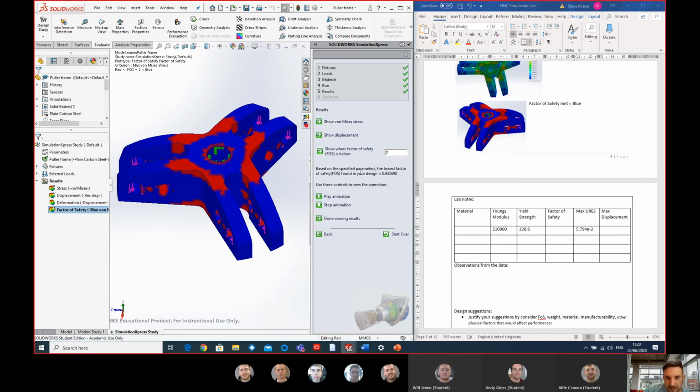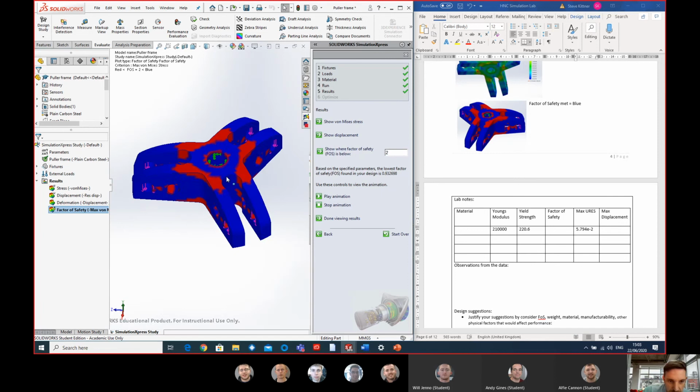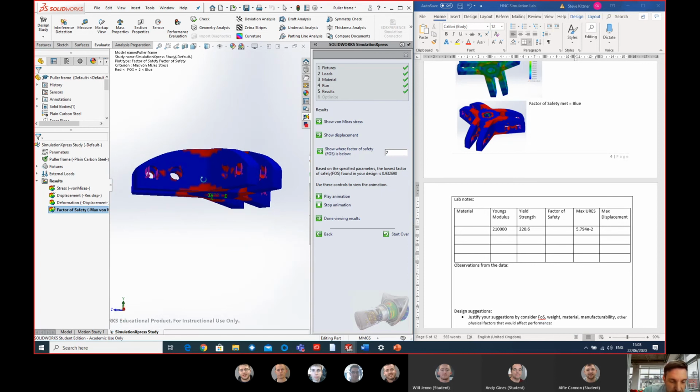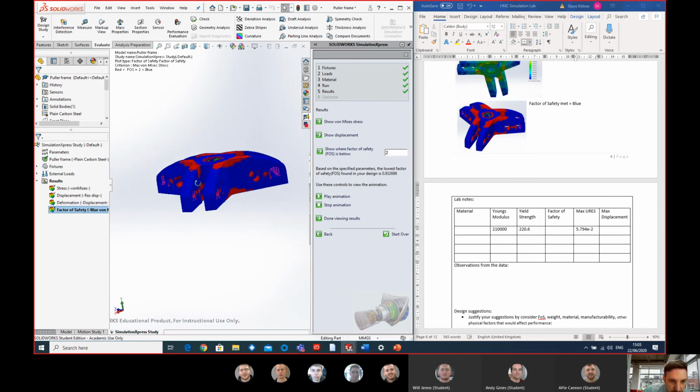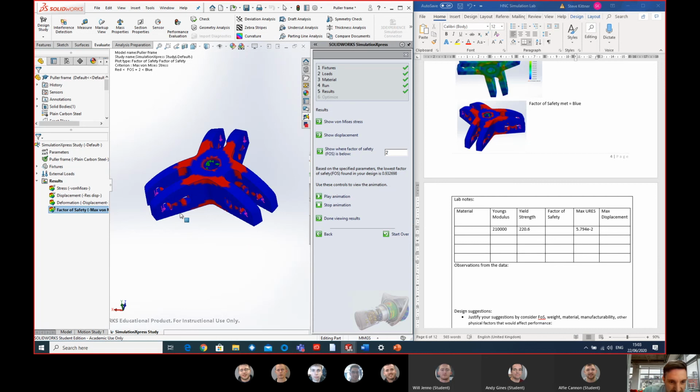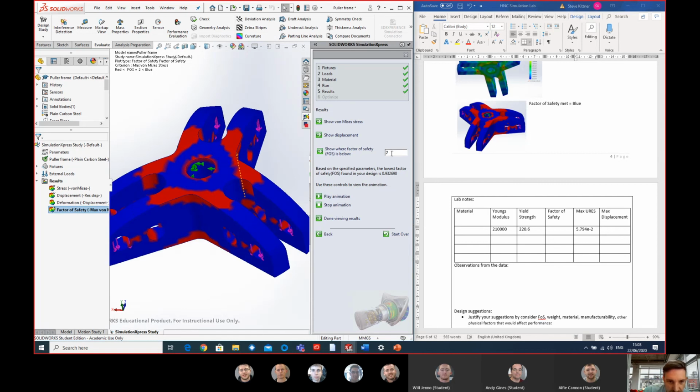Why is this not updating? Ah, there we go. Okay, so now it's showing a factor of safety of 2, and all of the red elements are where we are under our factor of safety of 2. So we can see that there is potential for this part to not reach its factor of safety.